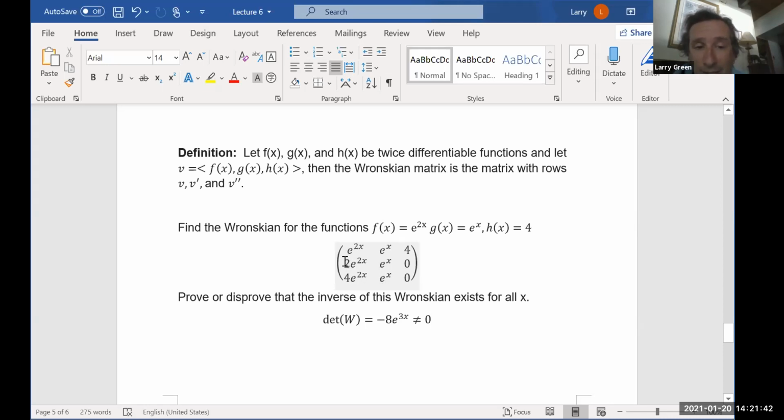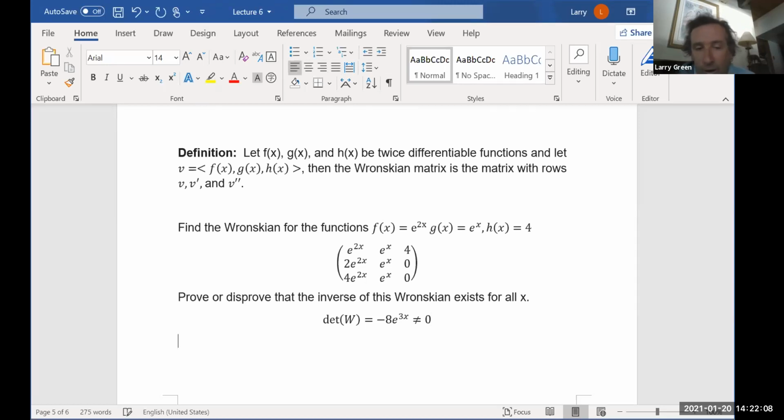Well, that determinant is 2e to the 3x minus 4e to the 3x, which is negative 2e to the 3x. Negative 2 times 4 is negative 8. And negative 8e to the 3x is always non-zero. That you should know from algebra, actually. Intermediate algebra, but still algebra.